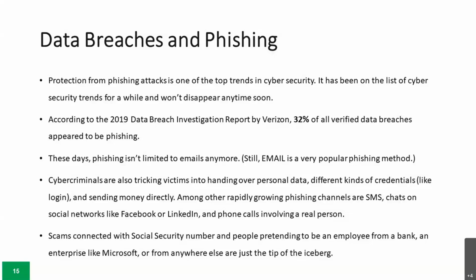Then sometimes the person has no knowledge of security. They provide the information and by using that information they debit the money from their account. So these are some examples of phishing.